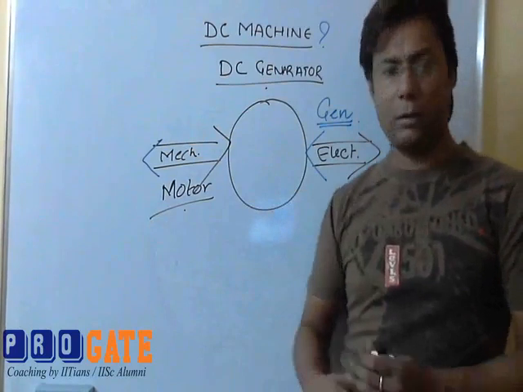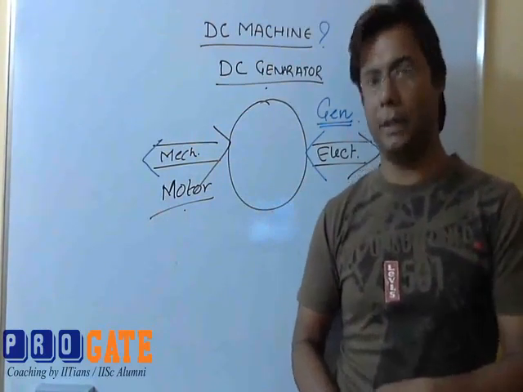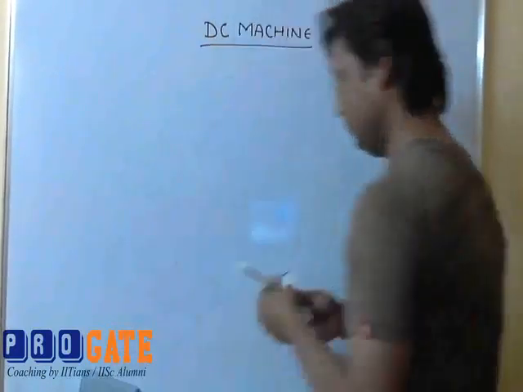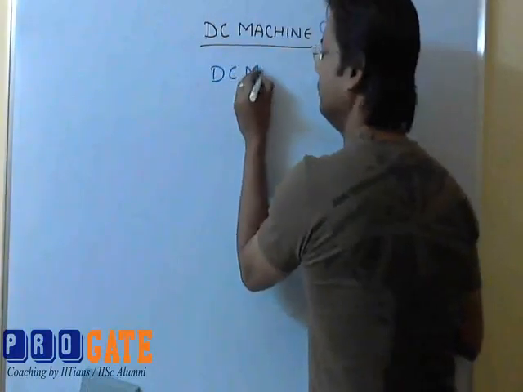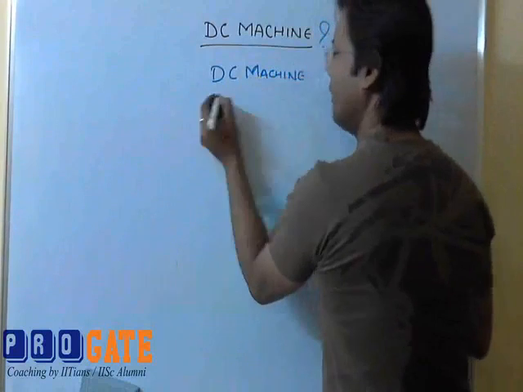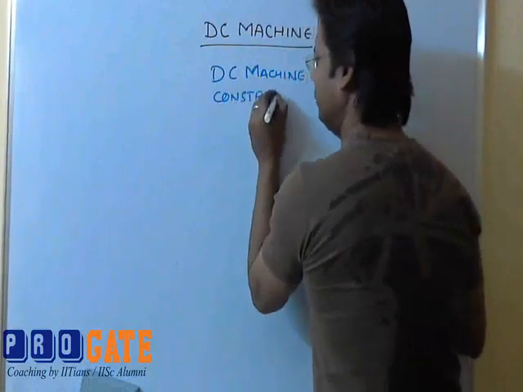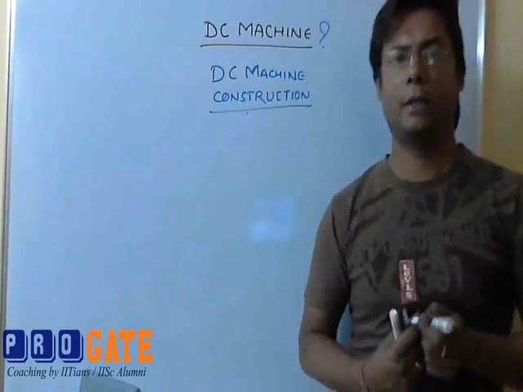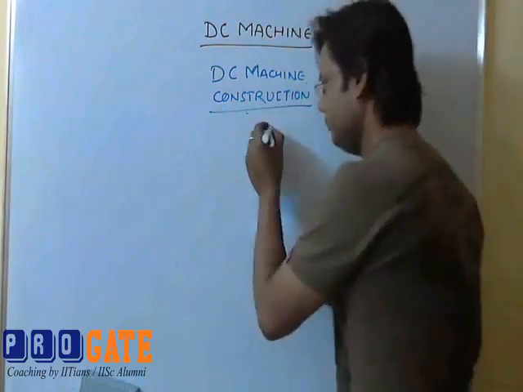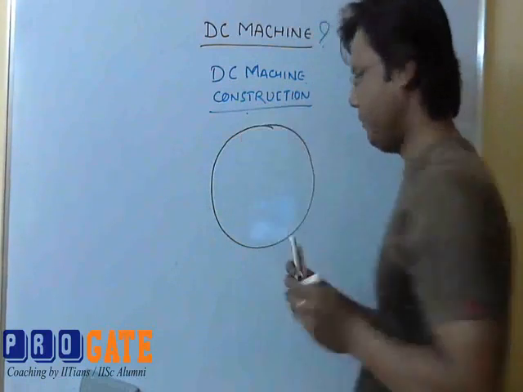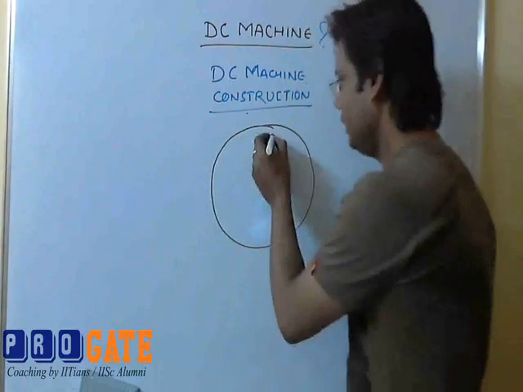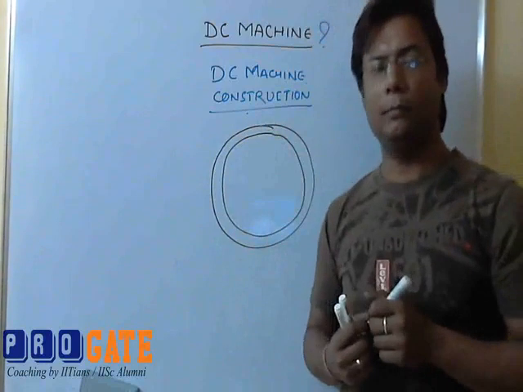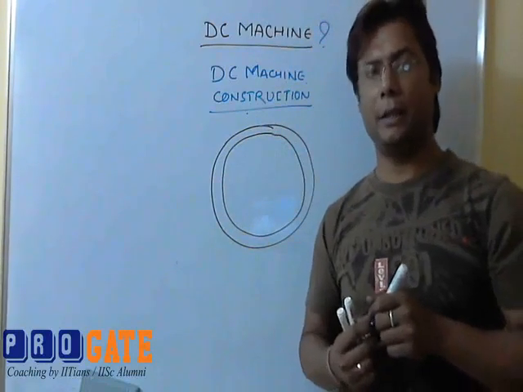So now we will see the construction of a DC machine. We will have a quick look at DC machine construction. There is a yoke of the machine, which provides rigidity to the machine and holds the machine exactly.